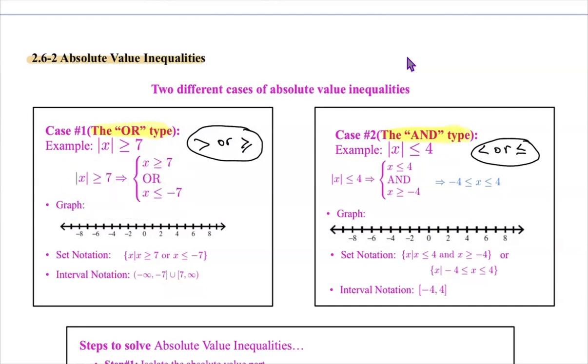And the second one requires three movements. Number one, remove the absolute value sign. Number two, you will reverse the inequality sign.